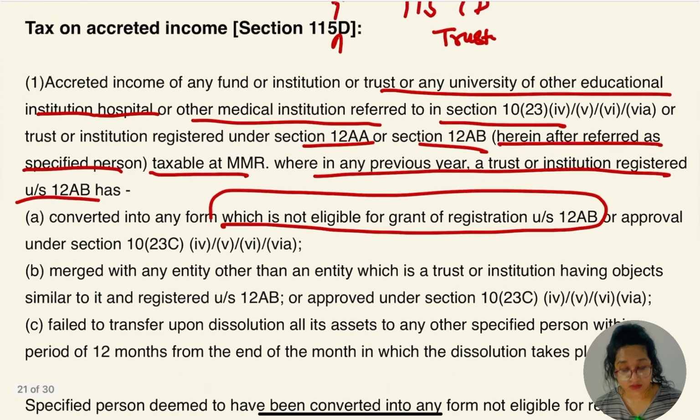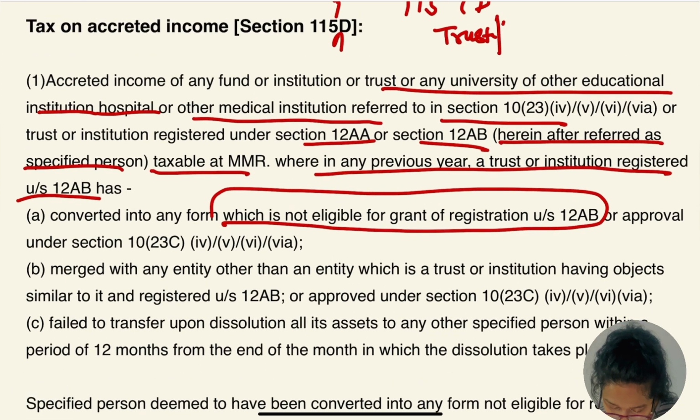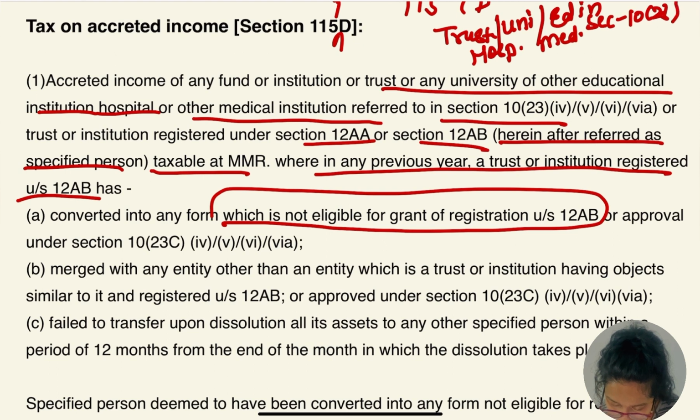So if these trust, let me write here, trust, university, education institution, hospital, or other medical institution which is under section 10(23C), or trust or institution which is registered under 12AA or 12AB.